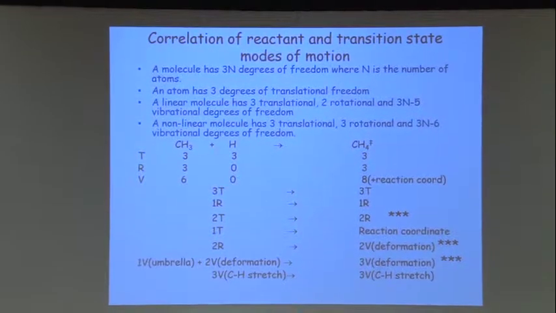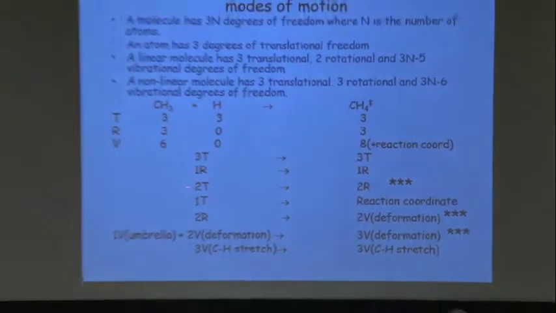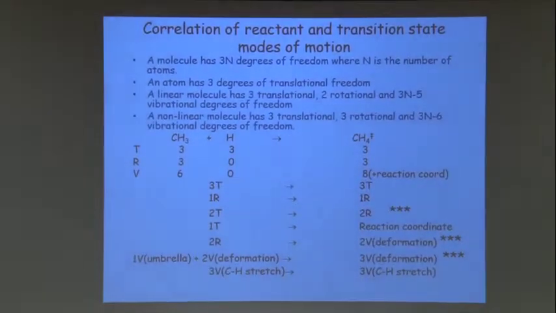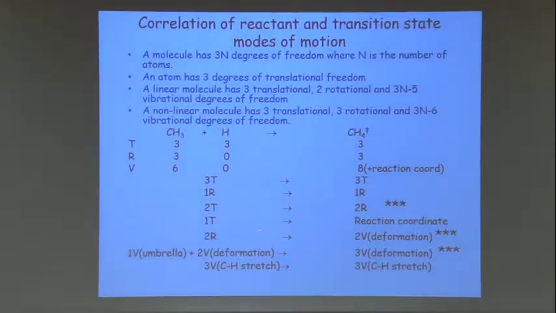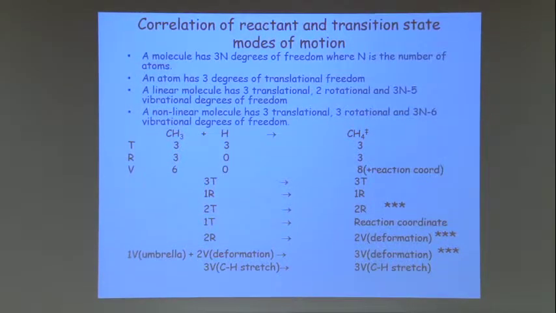Now, what does all that mean? Well, it means that, for example, here we've got translations which have got very, very high densities of states going over to rotations which have got much lower densities of states. We've got rotations going over to vibrations. And we've got low-frequency vibrations going over to vibrations.